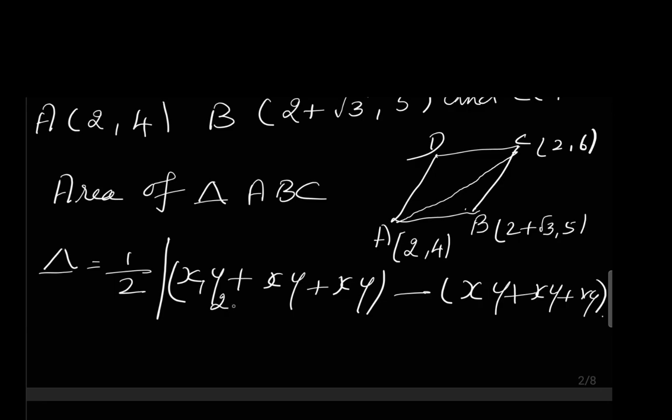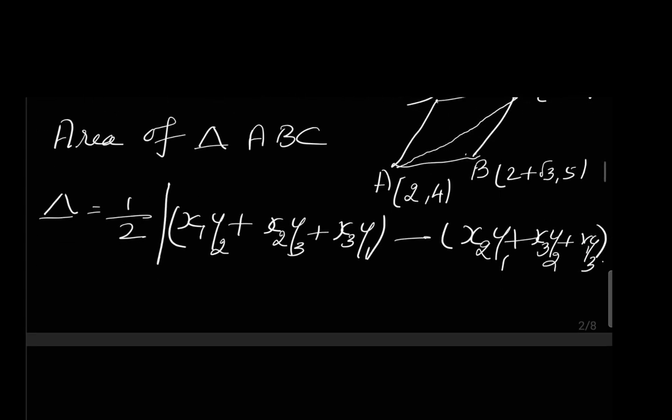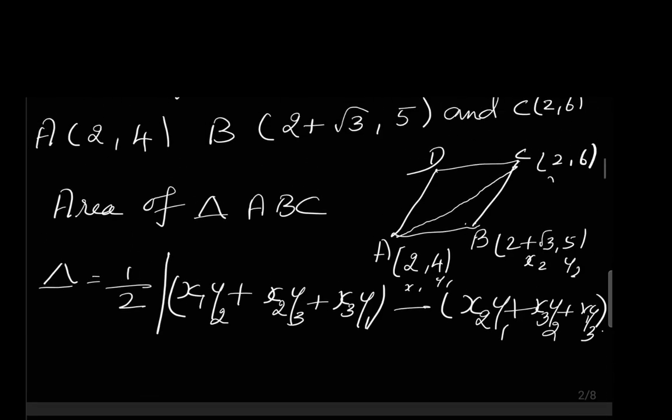First one is (2, 4), then next is (2 plus root 3, 5), next is (2, 6), and then repeat the first point. Take this as x1, y1, this as x2, y2, and this as x3, y3.